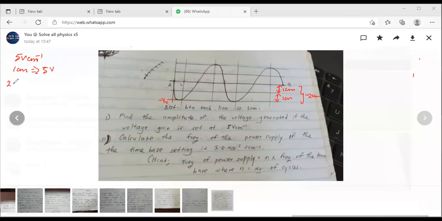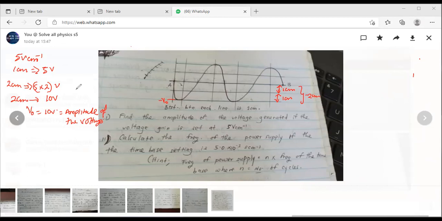So 2 centimeters are equivalent to 5 times 2 volts. Therefore, 2 centimeters actually produce 10 volts. So the peak voltage is 10 volts, or the amplitude. They say the amplitude of the voltage. This is the amplitude of the voltage.